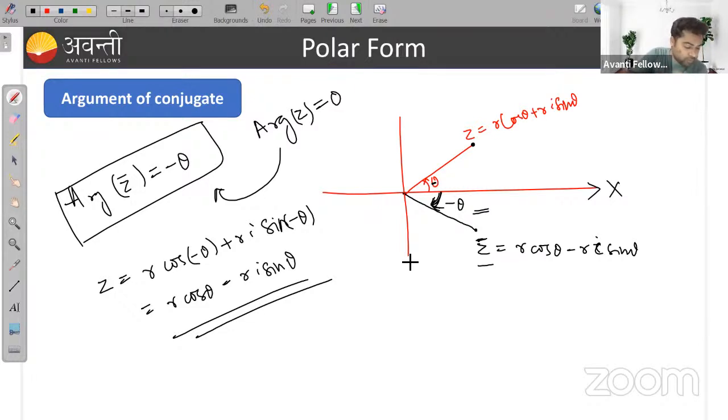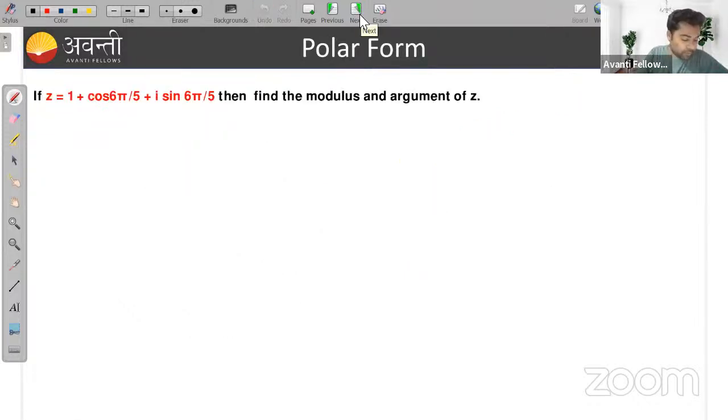Okay, now one homework question for you. Try to solve it and answer here. If z is equal to 1 plus cos of 6 pi by 5 plus i sin of 6 pi by 5, then find the modulus and argument of this complex number.